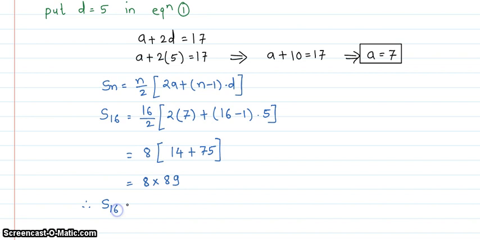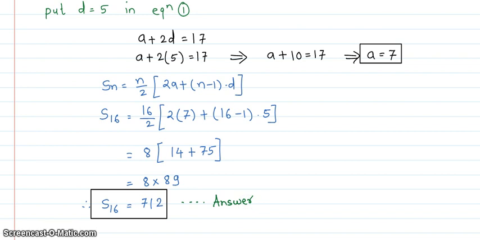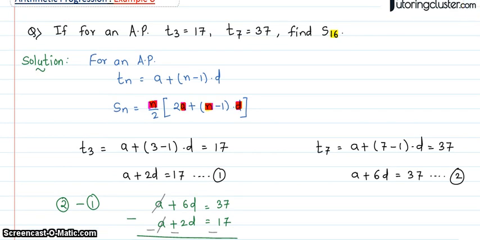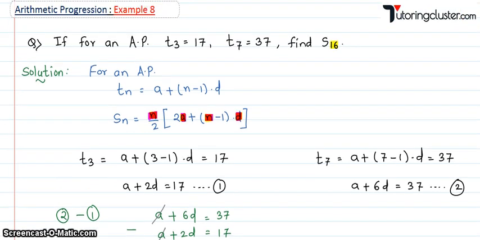So S16 will be equal to 712. So this is how you have to solve the example. This is your answer: S16 is equal to 712. Right? So I hope this example is clear to you.